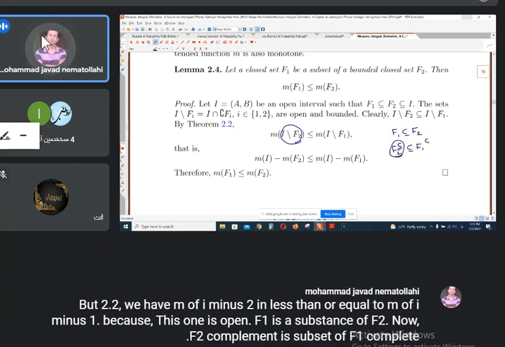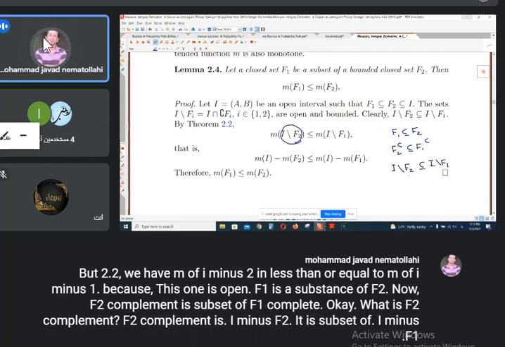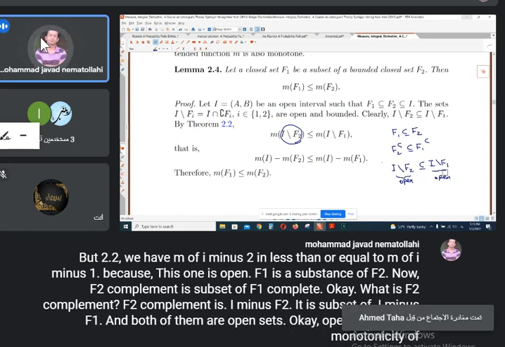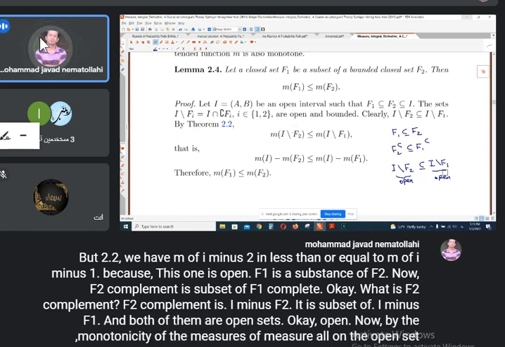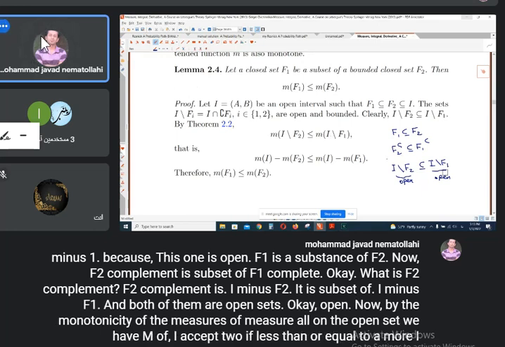Okay, what is F2 complement? F2 complement is I minus F2. It's a subset of I minus F1, and both of them are open sets. Now by the monotonicity of the measure on open sets, we have m of I except F2 is less than or equal to m of I except F1.